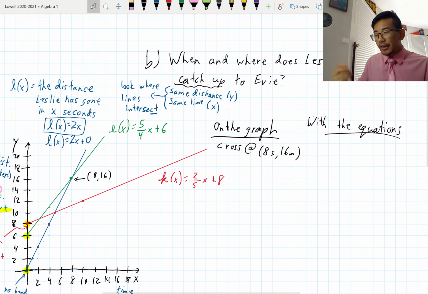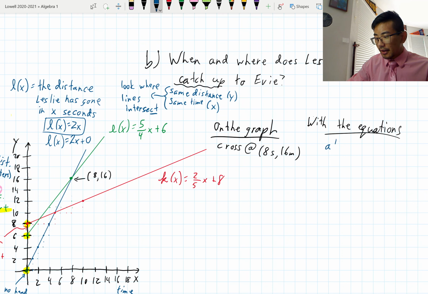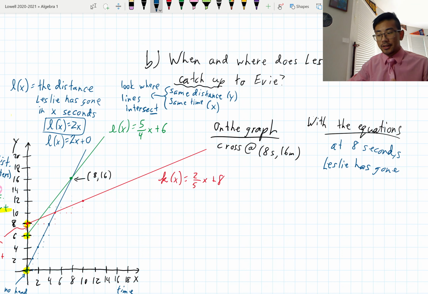Now again, if they're at the same place at the same time, to actually confirm our answer, this would mean that at 8 seconds, Leslie has gone 16 meters, assuming that we're correct. And so has Evie.